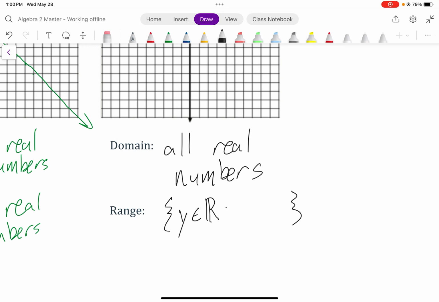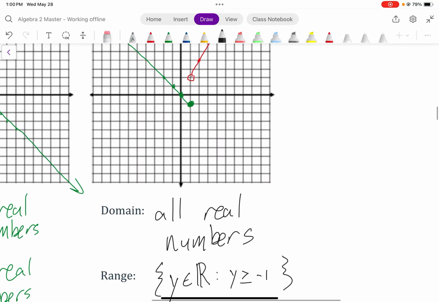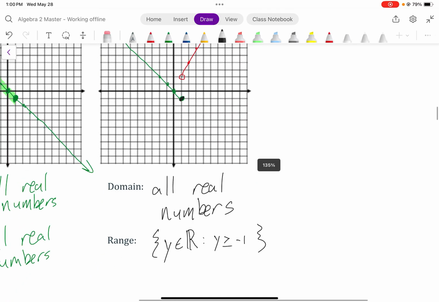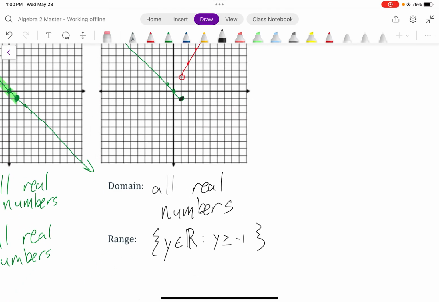But I'm going to put a colon here such that y is greater than or equal to -1. Because my y value of this dot is the lowest it could possibly be. Any other y value is going to be above that. So y has to be greater than or equal to -1.